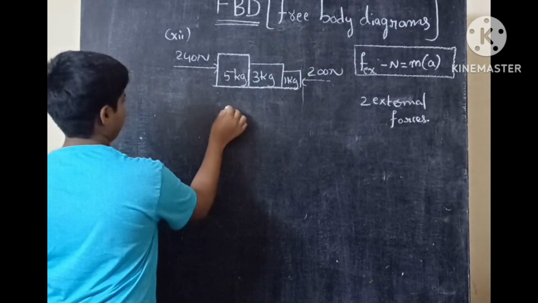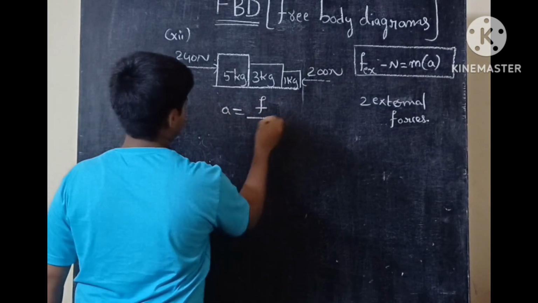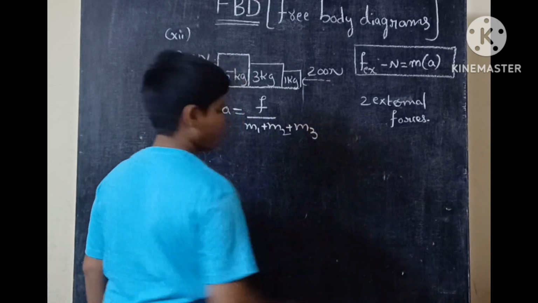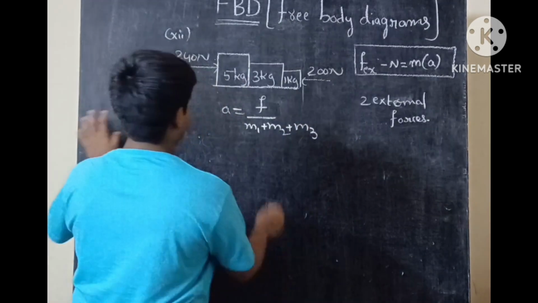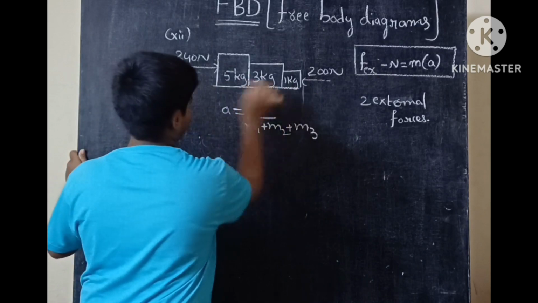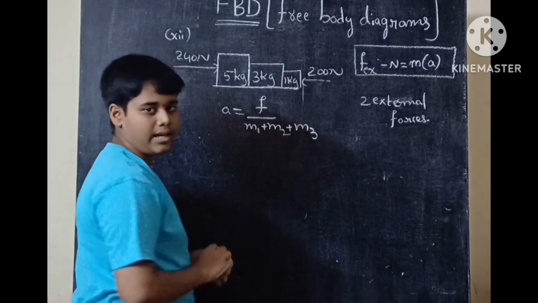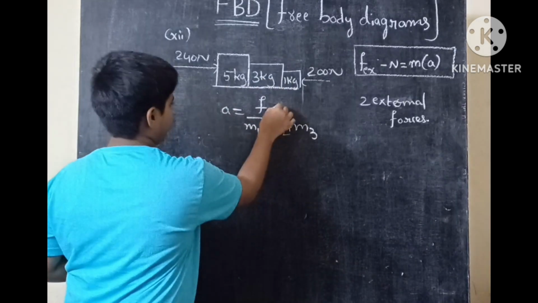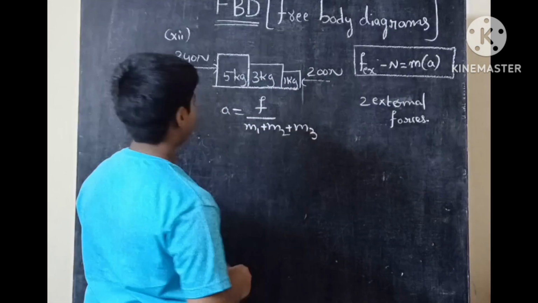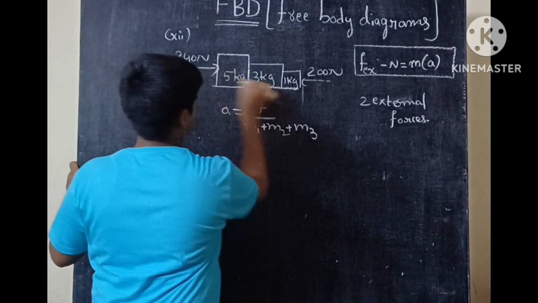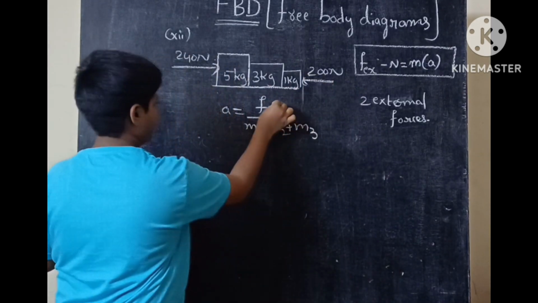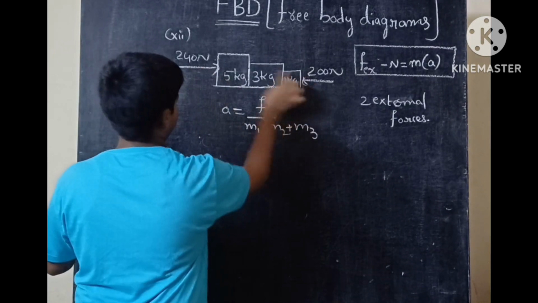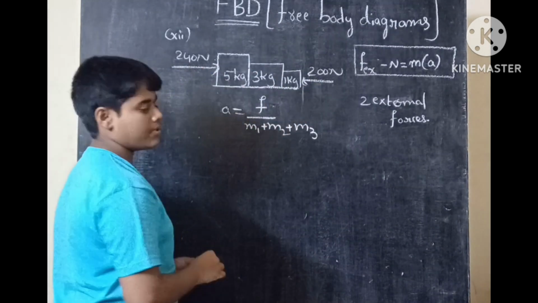As usual, acceleration is equal to force by m1 plus m2 plus m3. Okay, so here, these two are the external forces, so what do we have to apply in this equation? Here they give two values in opposite directions.